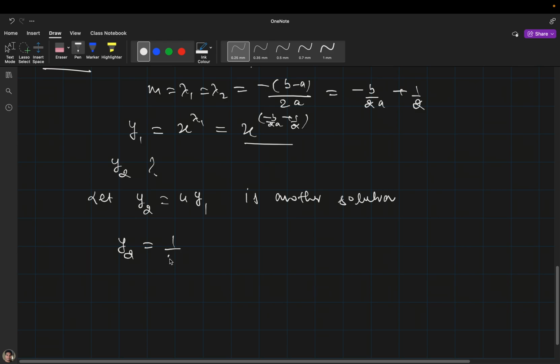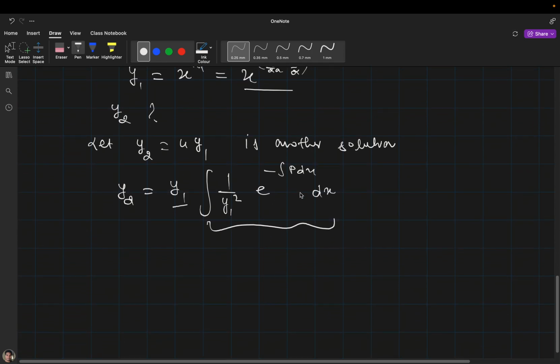If the other solution is in this form, then I can write y1 times the integral of 1 divided by y1 square e raised to the power, I have already derived, isn't it? This is the u and this is y1.